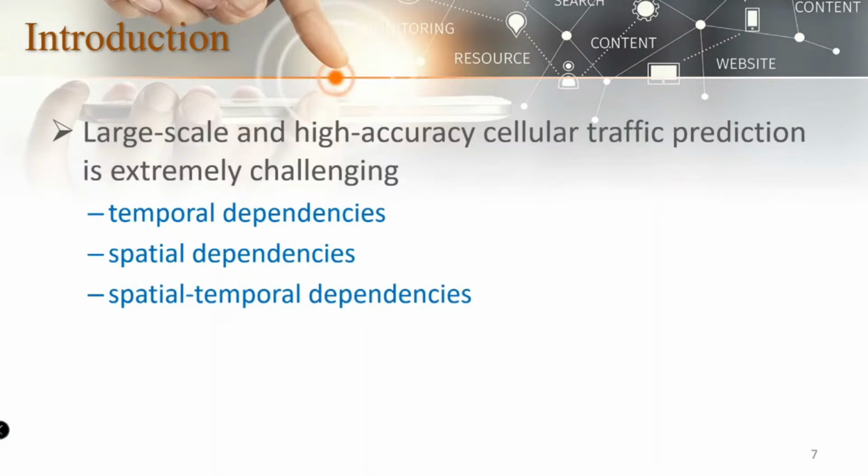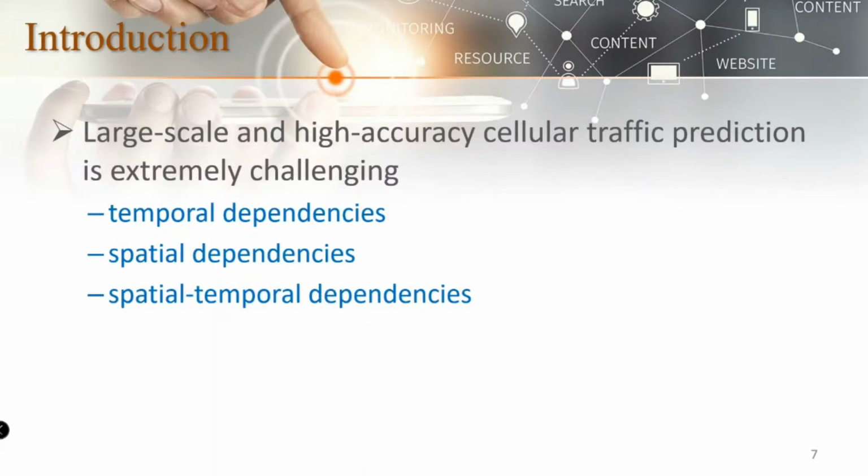Mobile users introduce spatial dependence into the cellular traffic among base stations. In other words, when a user is moving and using a service at the same time, the spatial dependence of cellular traffic will affect the prediction results.